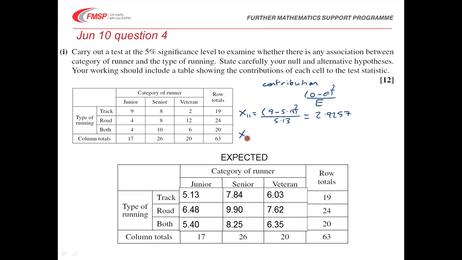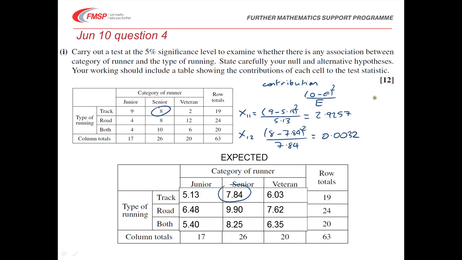And you're going to have to work all of these out. So x12, which will link seniors, is going to be 8 minus 7.84 all squared over 7.84, which is going to give me 0.0032. Okay, so you would do this for all of them.